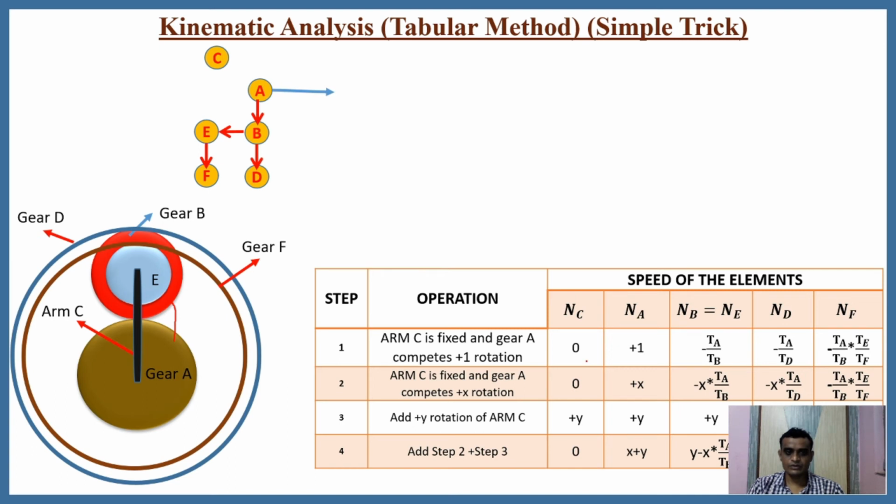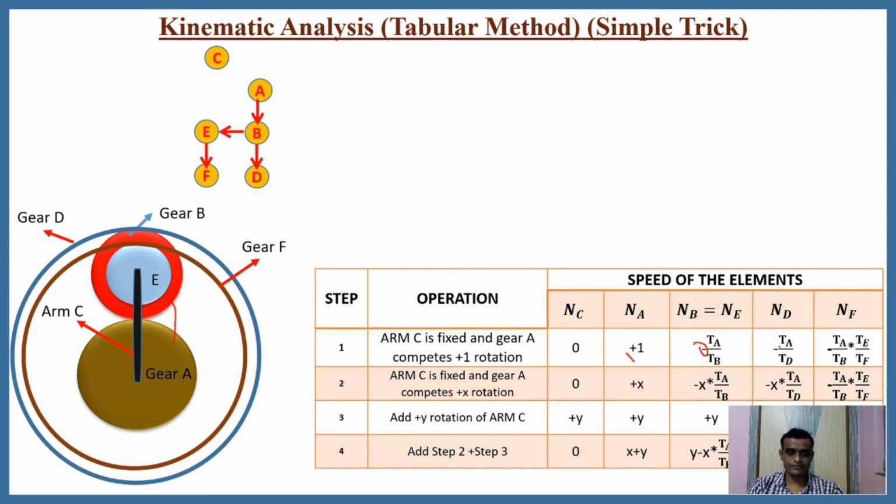Now NA is equal to plus 1. From A motion is given to B, that's why it is TA upon TB. Gear A and gear B are in external meshing, that's why the direction is anticlockwise. Now from B motion is given to D, that's why ND is equal to TA upon TD, and again B and D are in external meshing, that's why gear D also rotates in the anticlockwise direction.